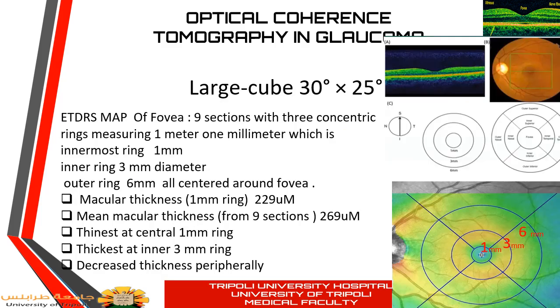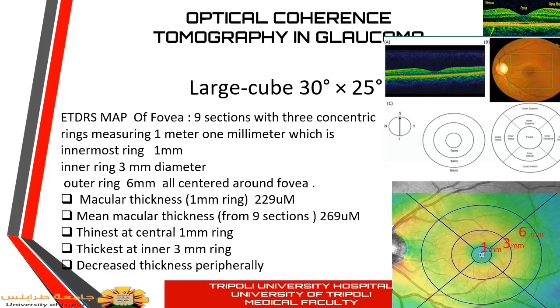Another point that I want to stress is the large cube retinal image, the central 30 multiplied by 25 degrees. This is called the ETDRS grid or ETDRS map, as stated by the ETDRS study, the Early Treatment Diabetic Retinopathy Study. It is very important to understand this map exactly: it is made up of 3 concentric rings.